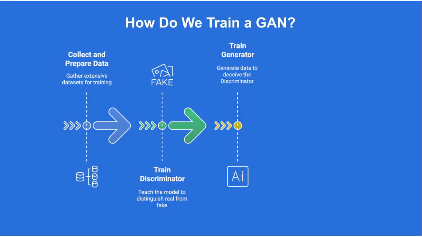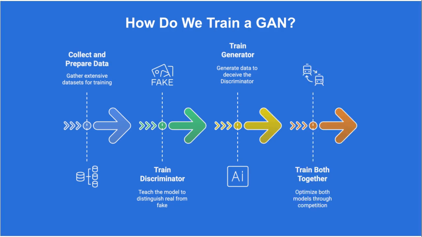The generator starts producing fake data. The goal is to fool the discriminator into thinking the fake data is real. At first, the generator's output is terrible, like a child trying to draw a realistic portrait for the first time. But over time, through constant feedback, the generator improves. Once both networks start improving, we train them simultaneously.